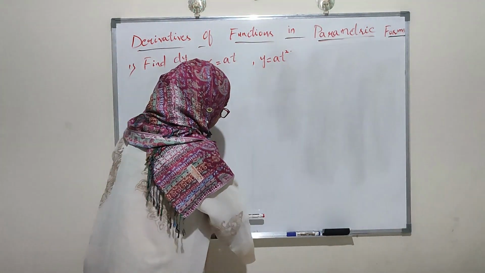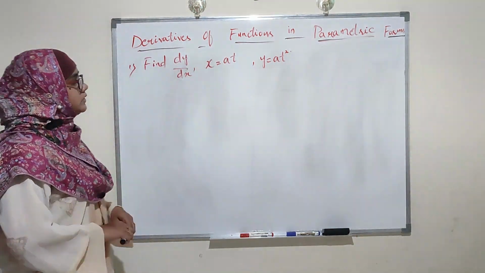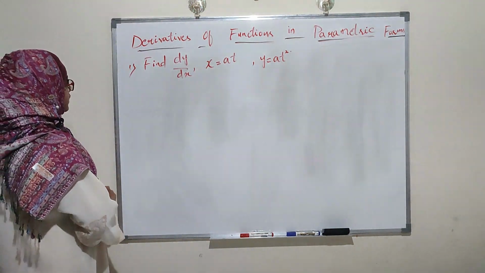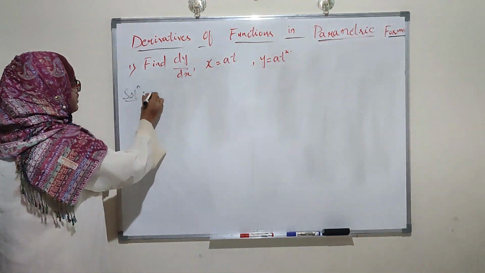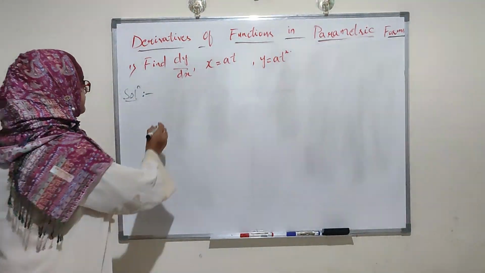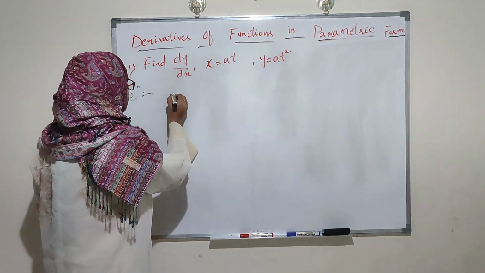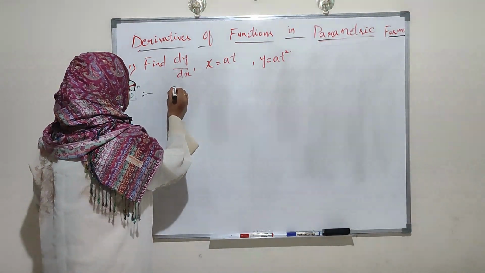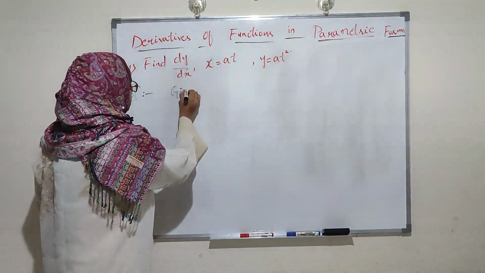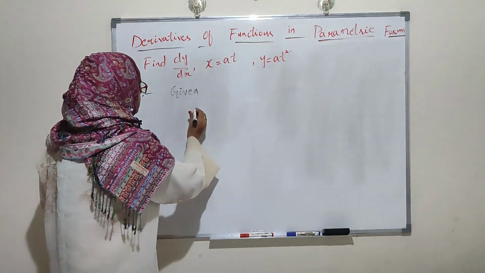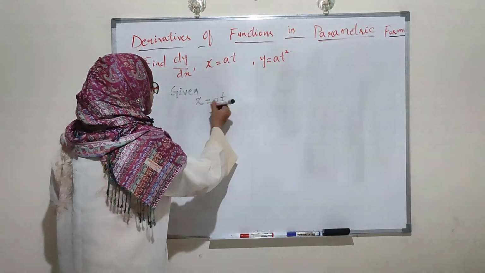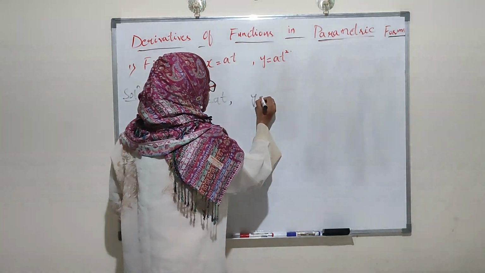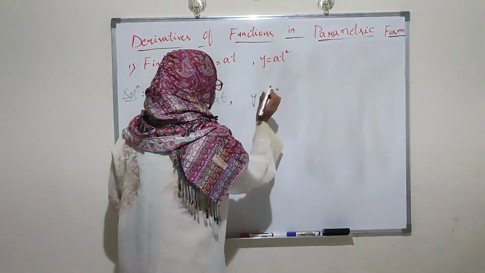Now write the solution. What is given? Write it first. x is equal to a of t and y is equal to a of t square.